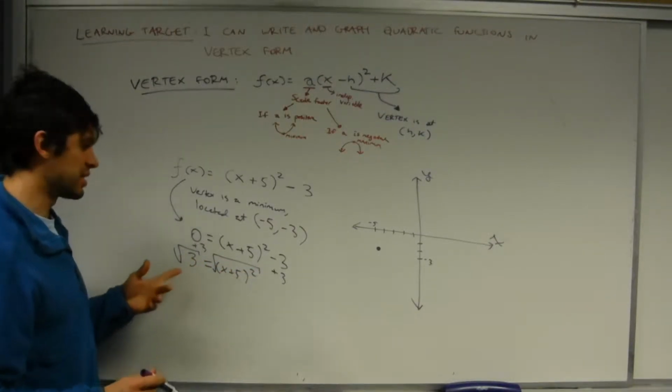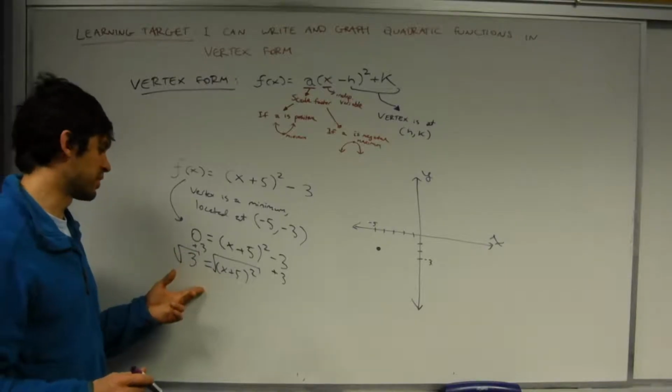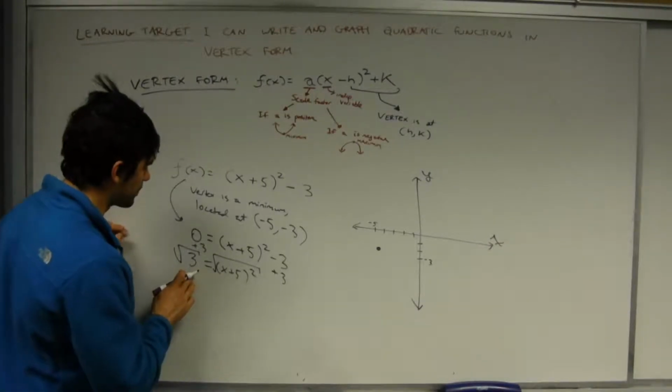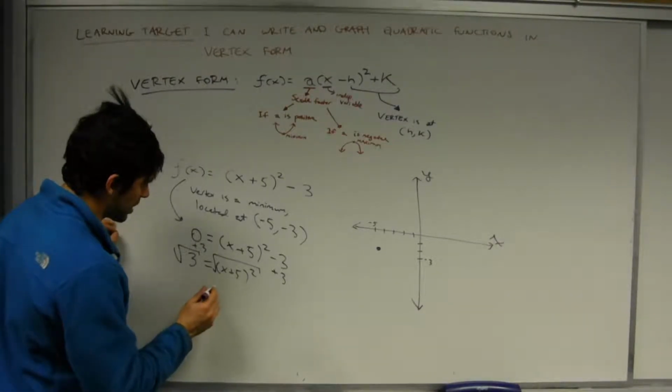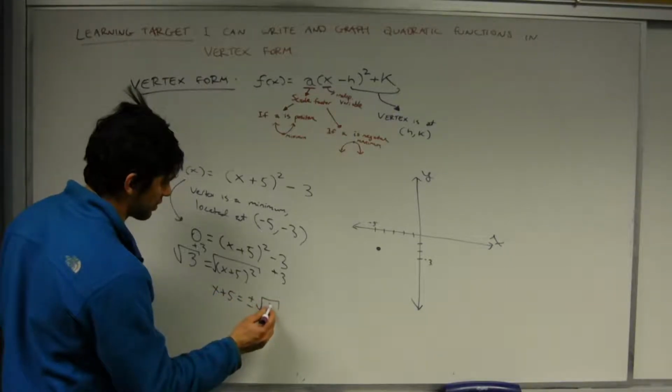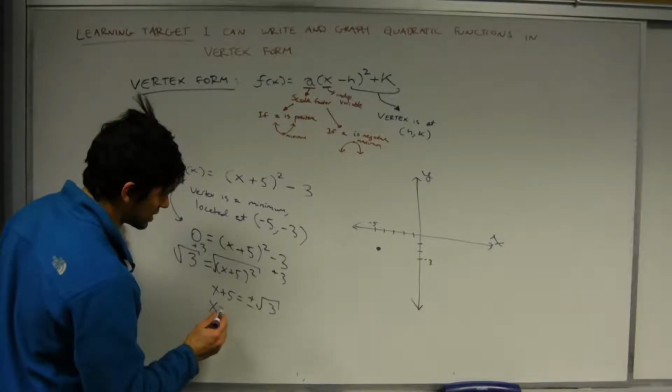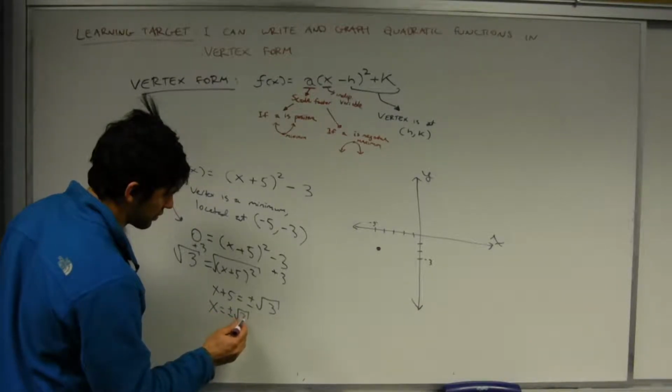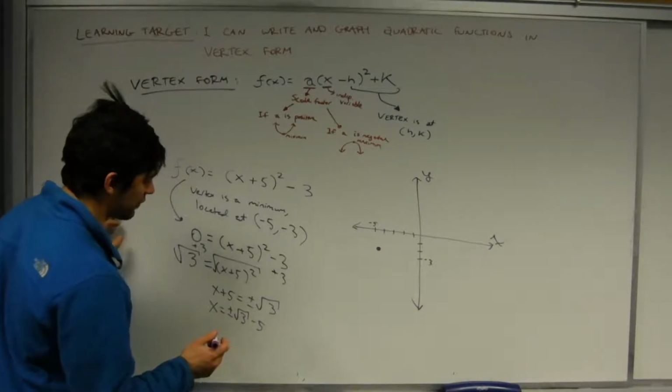This is using the square root property like when we were completing the square. So we have x plus 5 is equal to plus or minus the square root of 3, and thus x is equal to plus or minus root 3 minus 5.